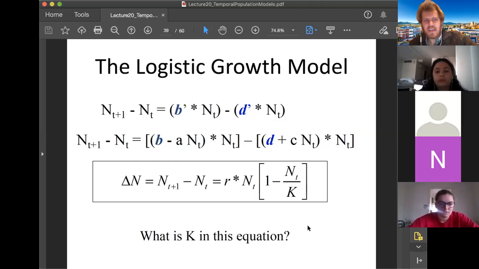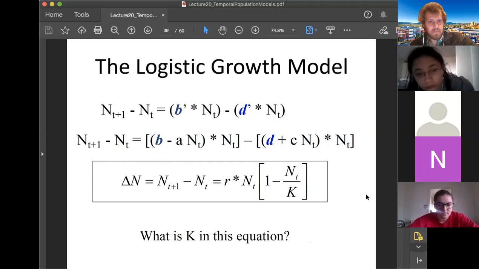So actually, what is K in this equation? Try and work out that algebra to see if you understand what K represents. We know K as the carrying capacity, but what does K mean in terms of B and D? Little b, little d, and C and A. Okay.